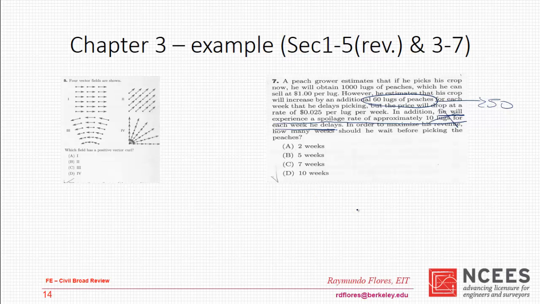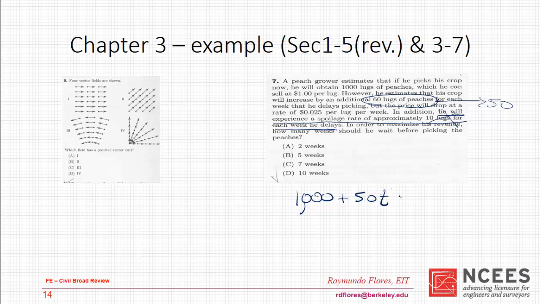He basically wants to see, if I keep waiting, I'm going to keep accumulating lugs. So if I have 1,000 lugs to begin with, then I can add that to 50 times the time in weeks. And that's going to be how many lugs I have.